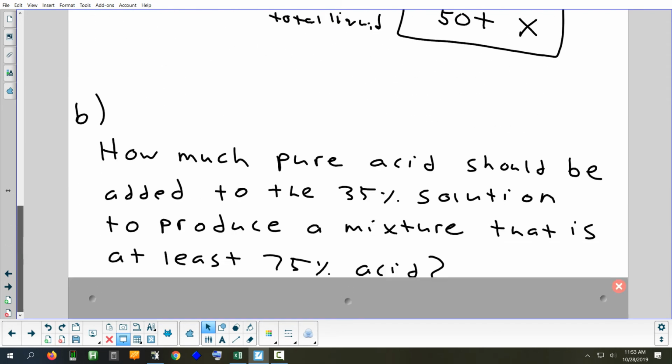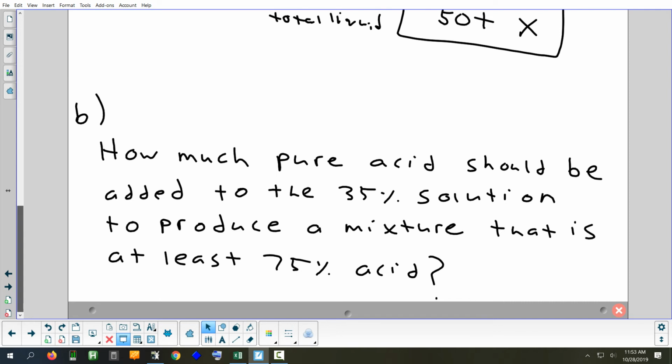So, the last thing they want us to figure out is they want us to take the concentration up 40%. They want us to bring it from a 35 to a 75% strength. How much acid would we have to pour in to make that happen? This is going to kind of tie in with what we did in section 3.7 now.